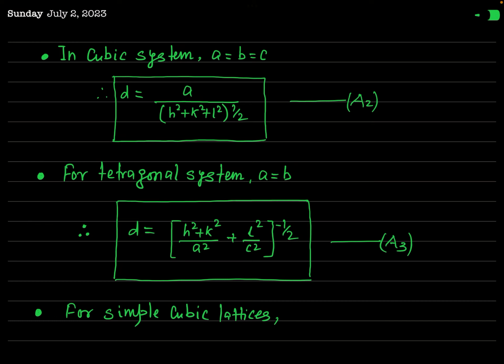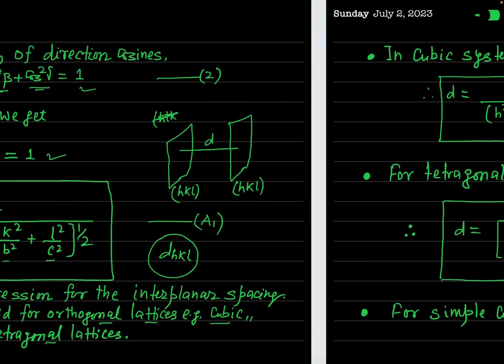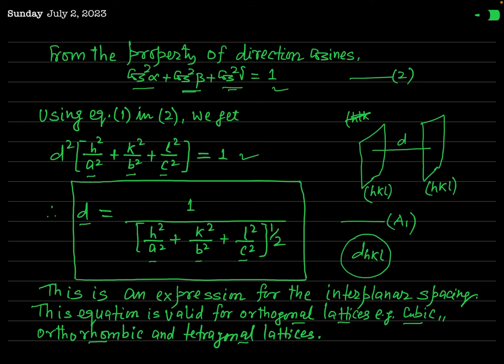Now let us see some of the special cases. If you are talking about a cubic system, you know that in a simple cubic lattice, A, B and C are equal. So when we substitute A equal to B equal to C in this general result, what will be our expression?